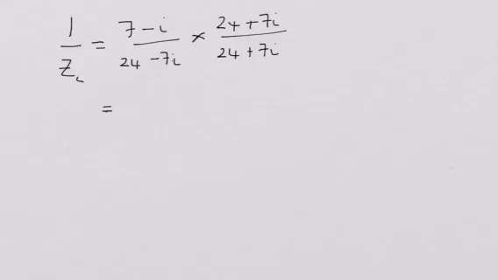So we're going to multiply by the conjugate of the denominator as we would normally do, so that's giving me 24 plus 7i over 24 plus 7i. Well, my 24 times tables isn't actually that great, so bear with me.